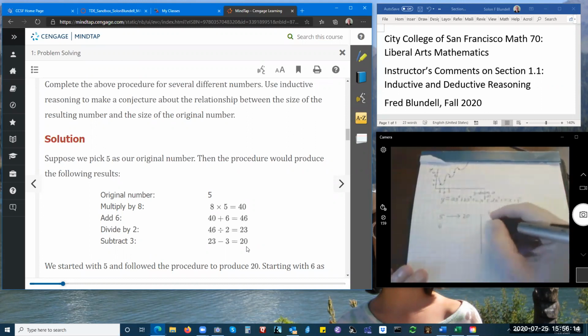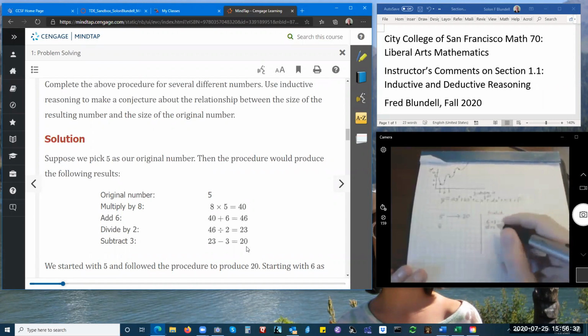Let's do some scratch work over here. Okay, I'm going to take my 6 and I multiply by 8. And then I add 6. Get 54.